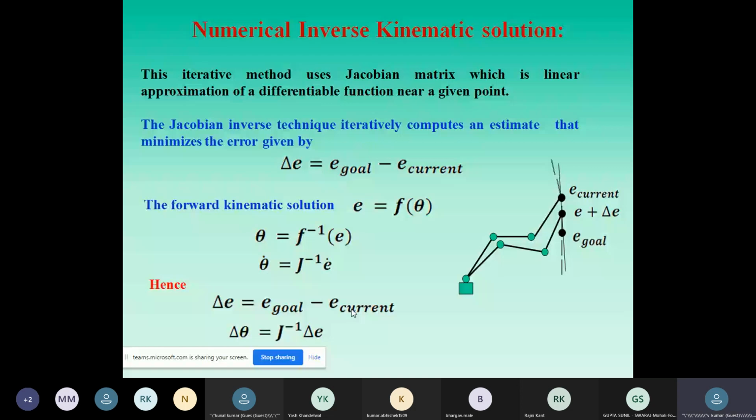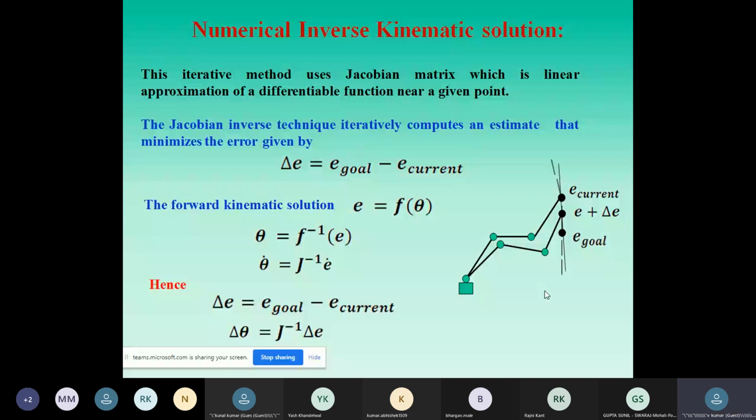So first we guess some initial angles as the solution for this given end effector. Then we increase every angle and minimize the distance between the current position and its goal. If that distance is minimized, it means the current position and goal position reach very close to each other.